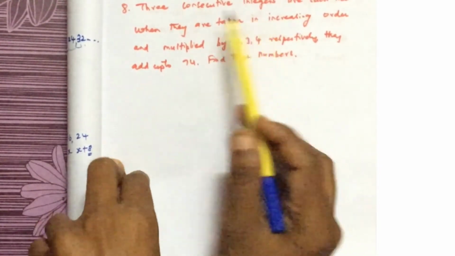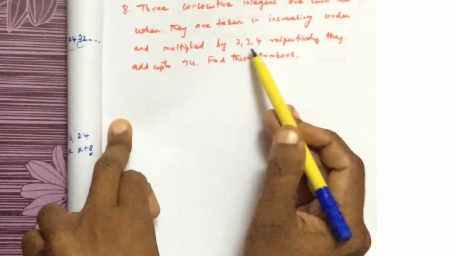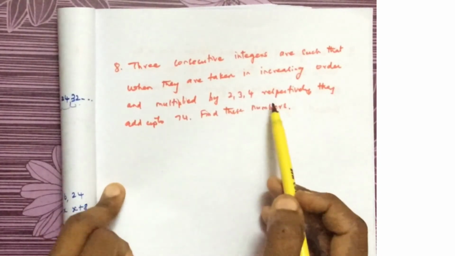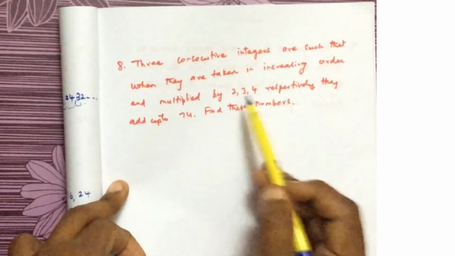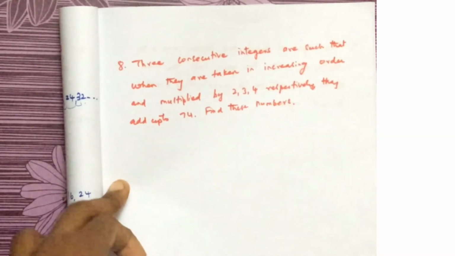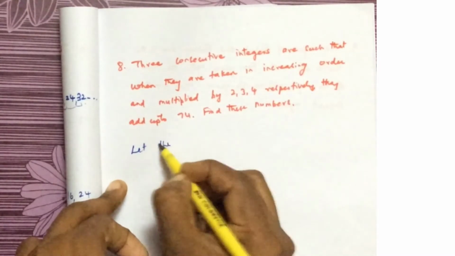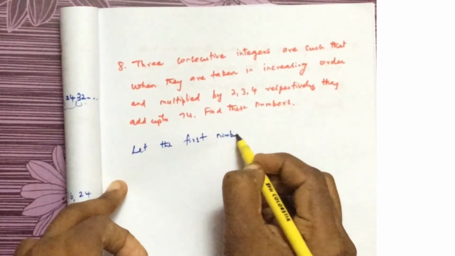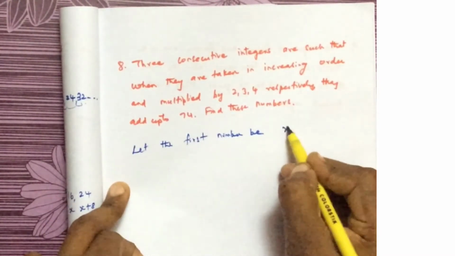Here also you are taking three consecutive integers and multiplying by 2, 3, 4. The first number is multiplied by 2, the second number is multiplied by 3 and the third number is multiplied by 4. So I am taking, let the first number be x.